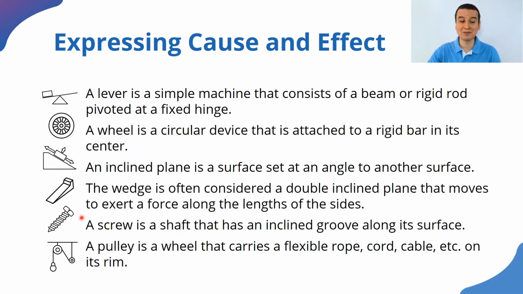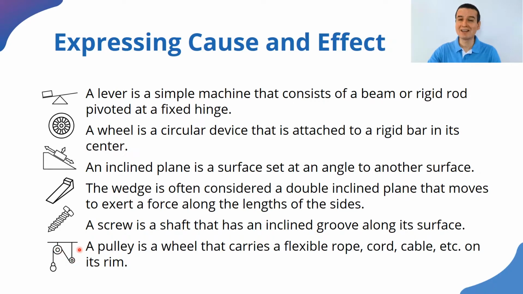That is a very good definition of a wedge. A screw is a shaft that has an inclined groove along its surface. A pulley is a wheel that carries a flexible rope, cord, cable, etc. on its rim. With that, we can lift things.